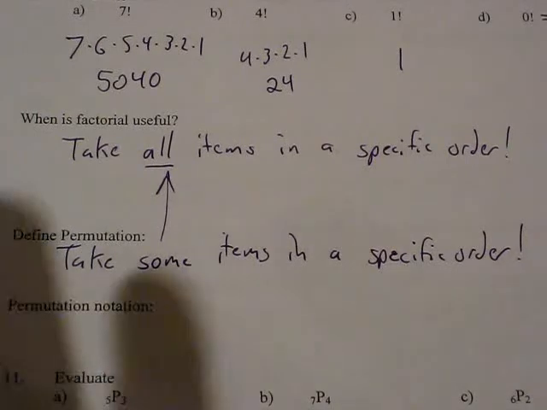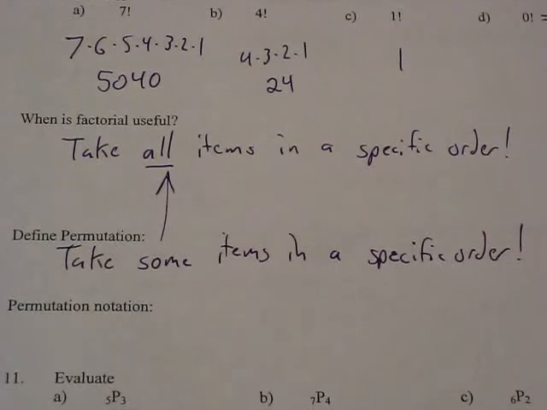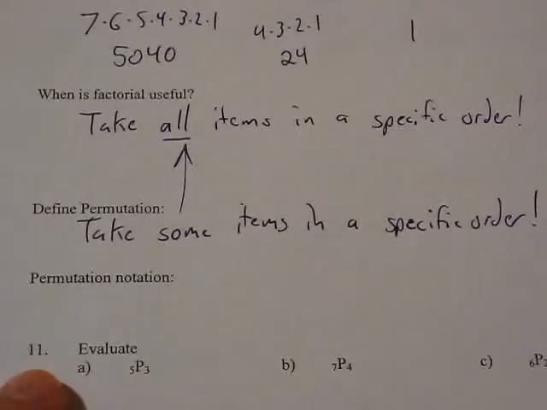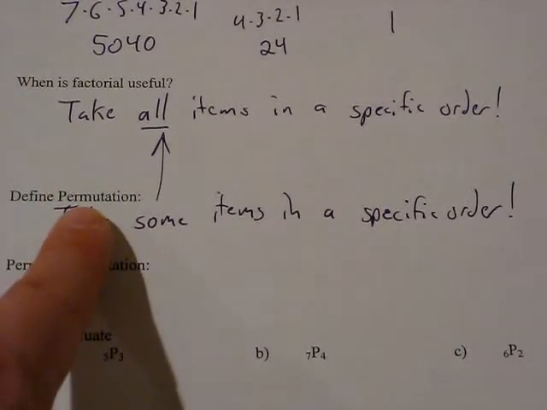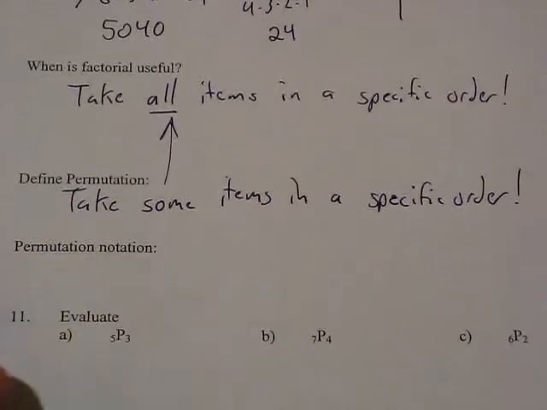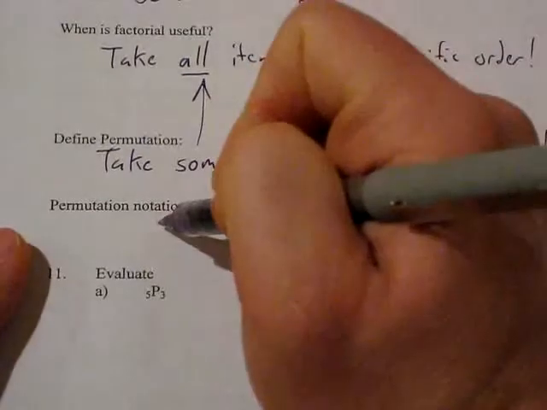Because when you do a locker permutation, you want the numbers in order. Look it up in the dictionary. Combination is not read with a specific order. Most of us think of combinations being in a specific order, but that really belongs to permutation. Look it up, Webster.com.